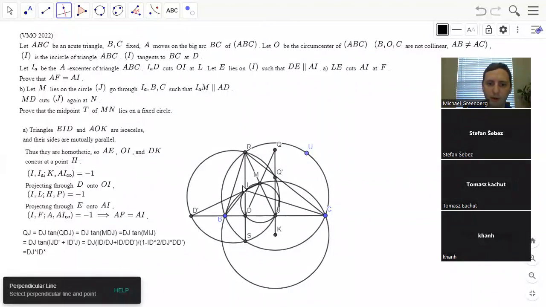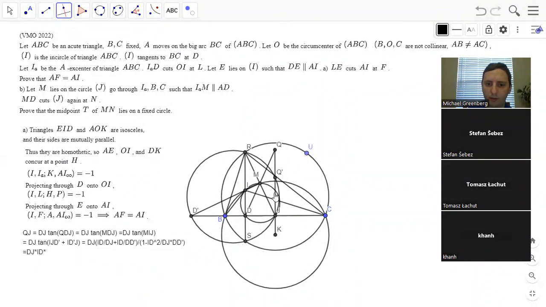So the distance from here to here is twice the distance from the center to the midpoint, right? Oh, so yeah, you can also use that. Because we're moving I around this arc, which is the same as saying we're moving its reflection around this arc. So yeah, that does it too.